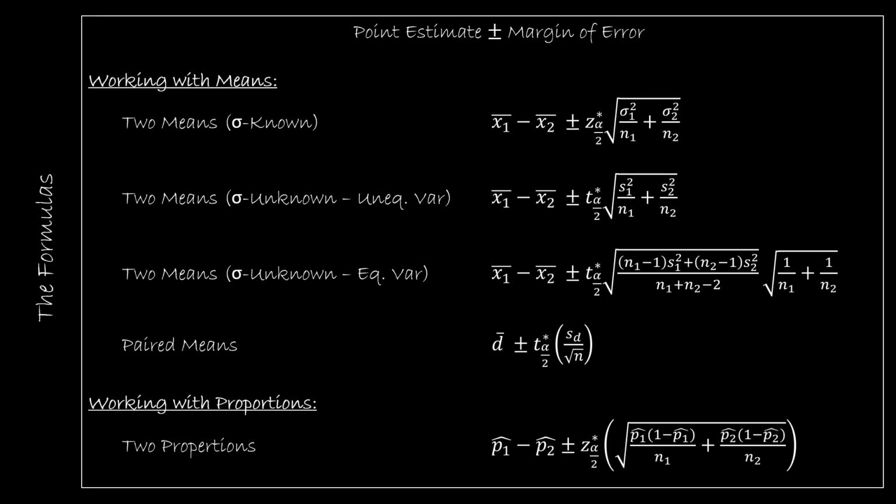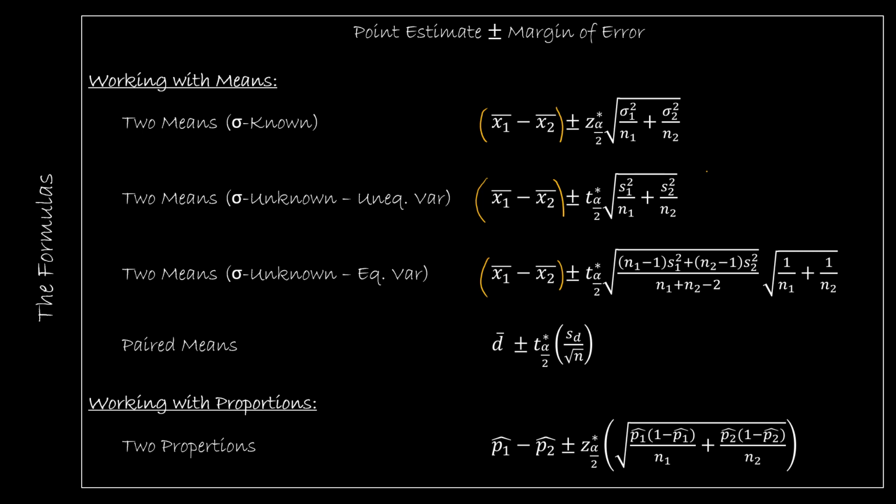When we learned about confidence intervals last week, we started out with the basic formula that said let's take the point estimate plus or minus the margin of error. And that's exactly what we're going to have this week as well, but as you can see, everything's going to get just a little bit more complicated. So when we're dealing with a point estimate, for the most part, we're going to be subtracting two means.